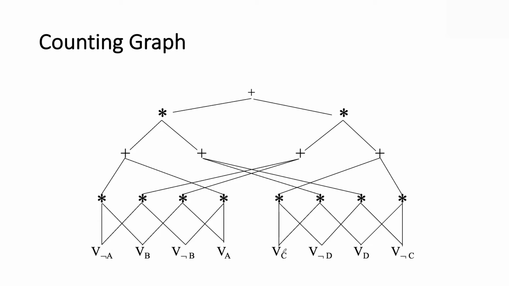So now the computation graph can be thought of as a function of that many variables, right? Then you see why we're going to do this. Now, let's go ahead and try to see what we're doing here. So if you come and tell me, I want to count the models in which A is true and B is false, I'm going to tell you, well, here's how you set these inputs to the circuit.